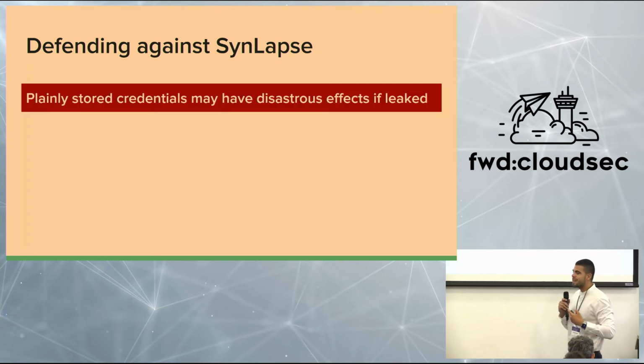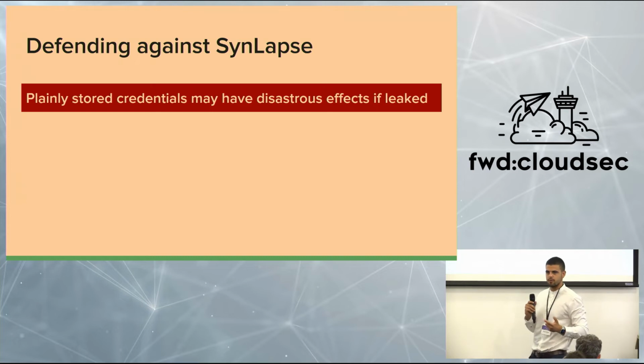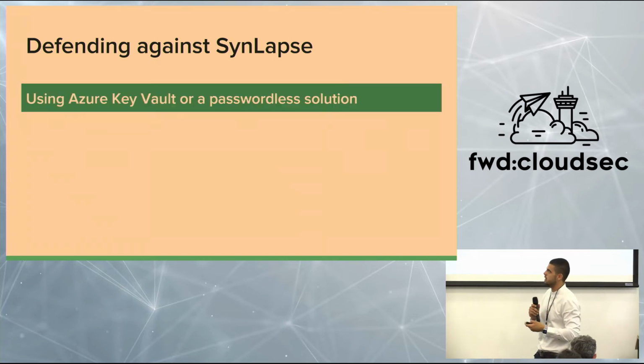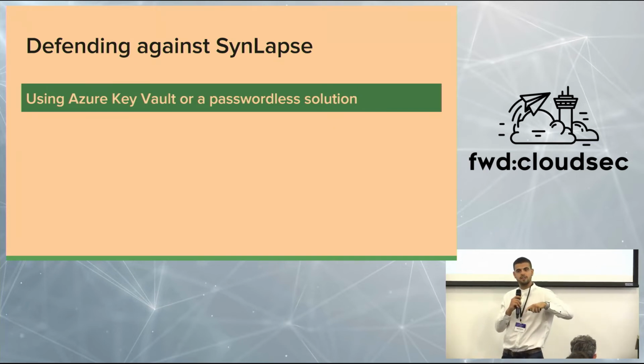First things first, plainly stored credentials, that's already a problem. But this doesn't really have a solution in the sense that your endpoint still has to connect to your database, for example. And if it has to connect, it has credentials. There is no ultimate solution, but I would say that either using Azure Key Vault for monitoring access to your credentials, or using a passwordless solution could be a nice solution, because when you're not using Synapse, you could just disable that service.